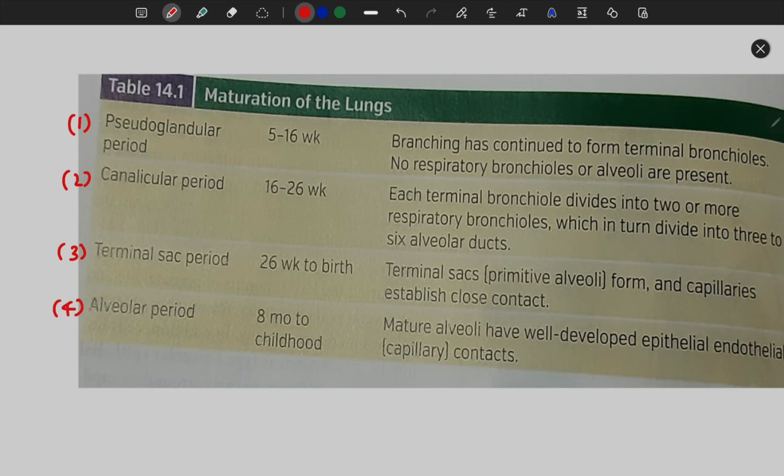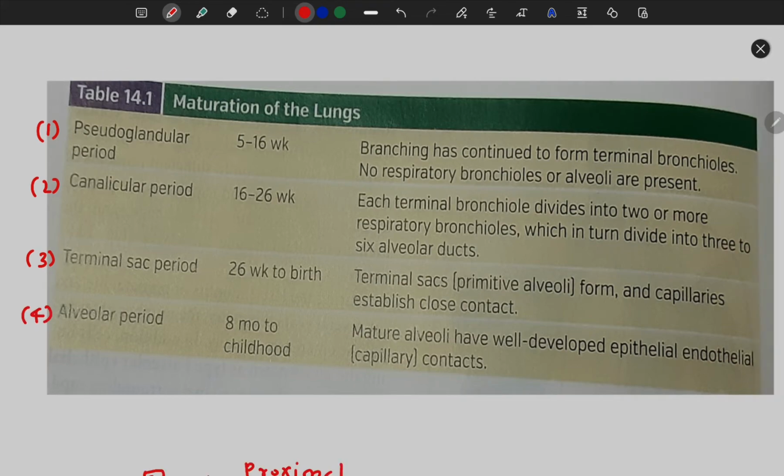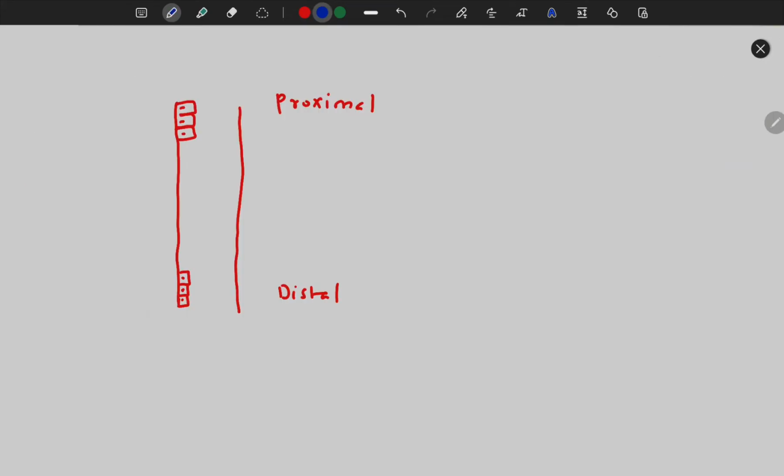the alveolar period. So the first stage, that is the pseudoglandular period, is occurring between 5 to 16 weeks. In this period, you can see that this is the respiratory tract, and in the proximal portion, tall columnar cells will be developing, and in the distal part, the cuboidal cells will be formed.